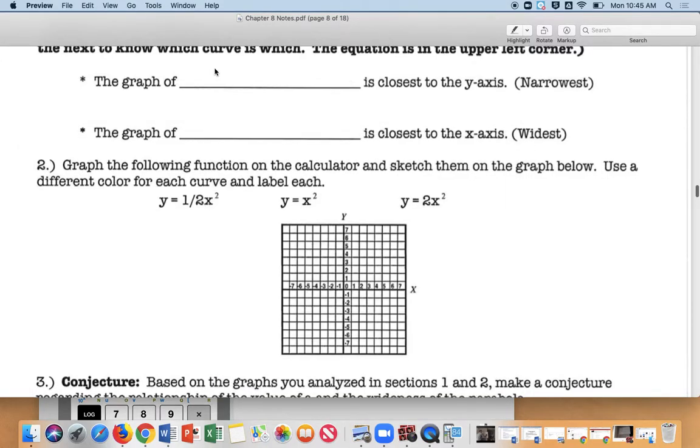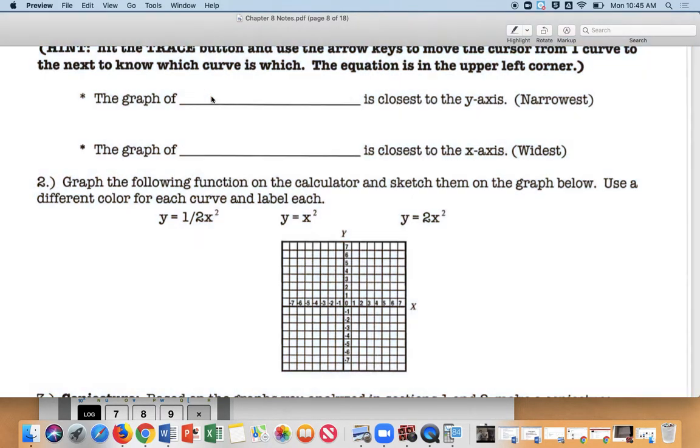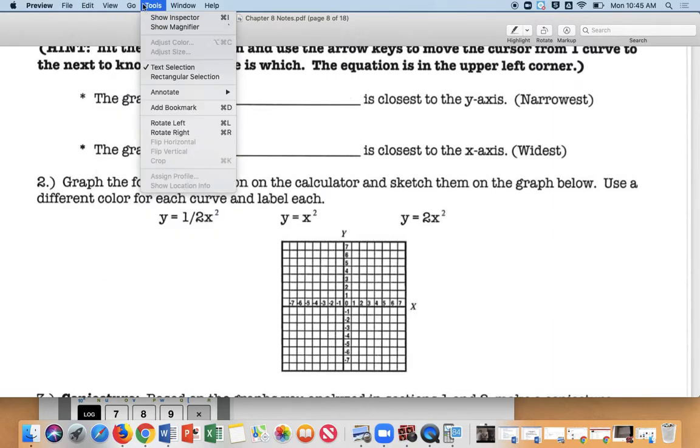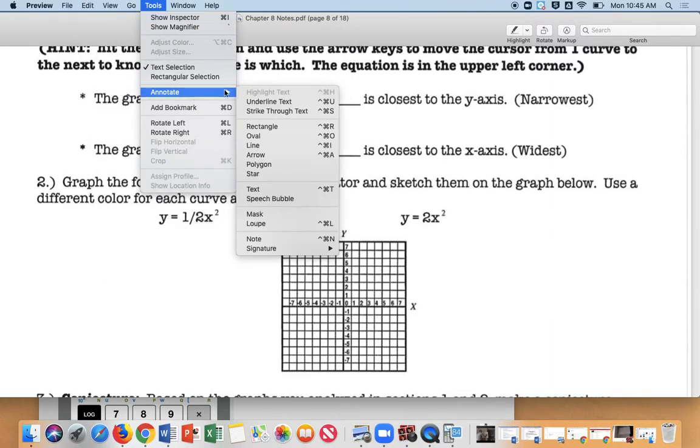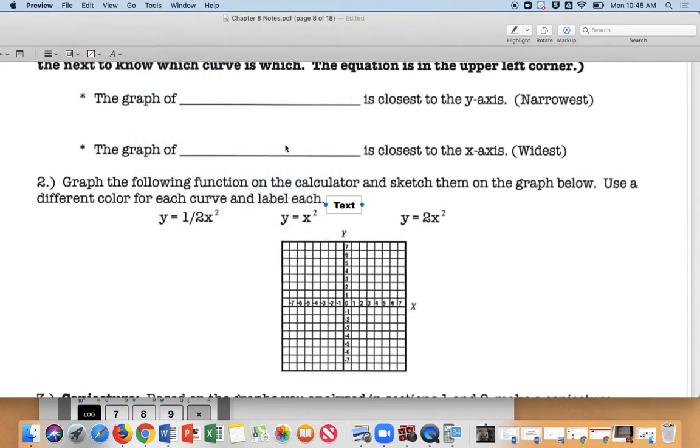Now let me see if I can get this in here for you. The narrowest would be y equals 4x squared.